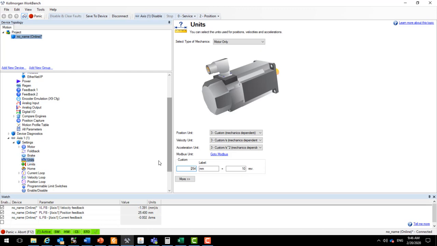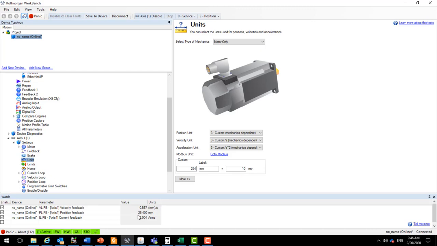So to give you a demonstration of what would happen if you deviated from best practices and decided to scale it, or possibly use one of these mechanical models in Workbench. Recall that we previously gave the motor 65,536 Ethernet IP counts, which is 1 rev.